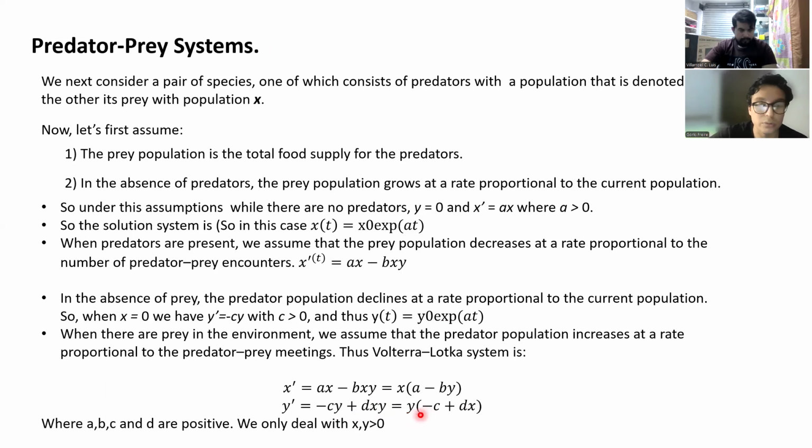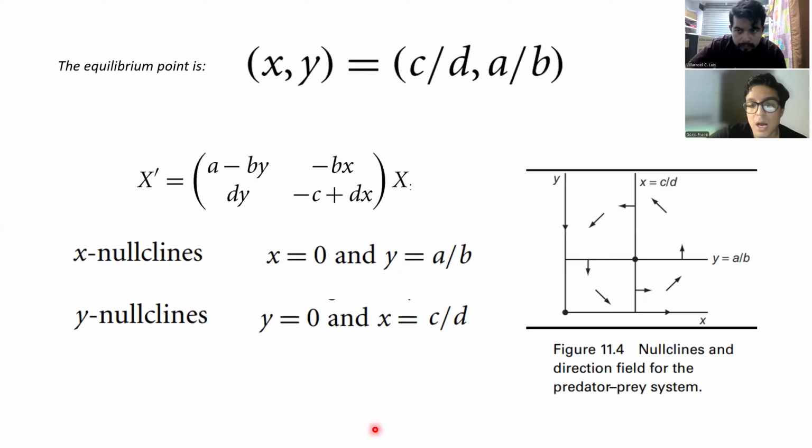Since we're dealing with populations, we assume X and Y are positive. As usual, our first job is to locate the equilibrium points. This occurs when X and Y equal C over D and A over B. We also compute the linearized system with the Jacobian matrix, and we get this matrix.